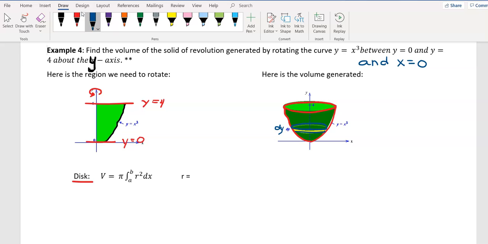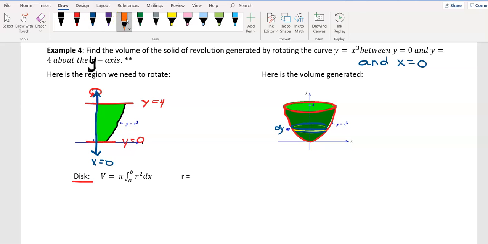We should really have the vertical x equals 0, so this vertical line here, because you really do want to restrict this region from all sides. So I'm just going to write that in there now, x equals 0. I should have had that written before, and I didn't. So anyway, let's talk about the radius.